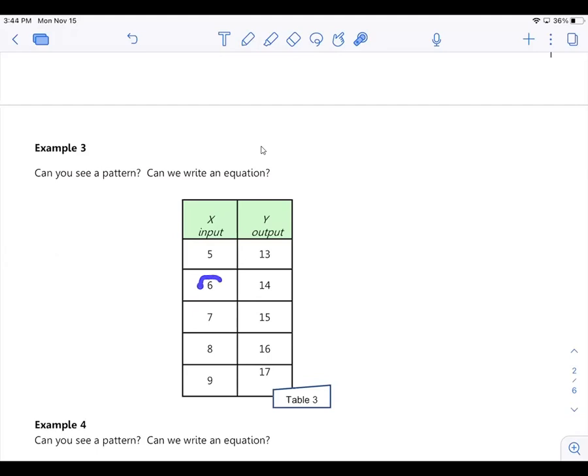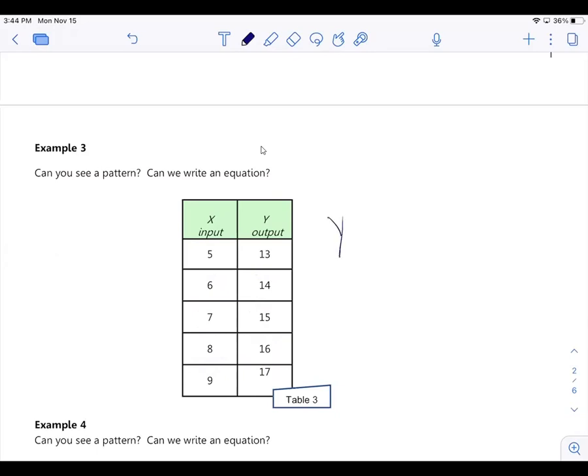So then I check 6 plus 8, is that 14? It is. 7 plus 8, is that 15? It is. 8 plus 8, yep. 9 plus 8. So what would be our equation? Y equals x plus 8.